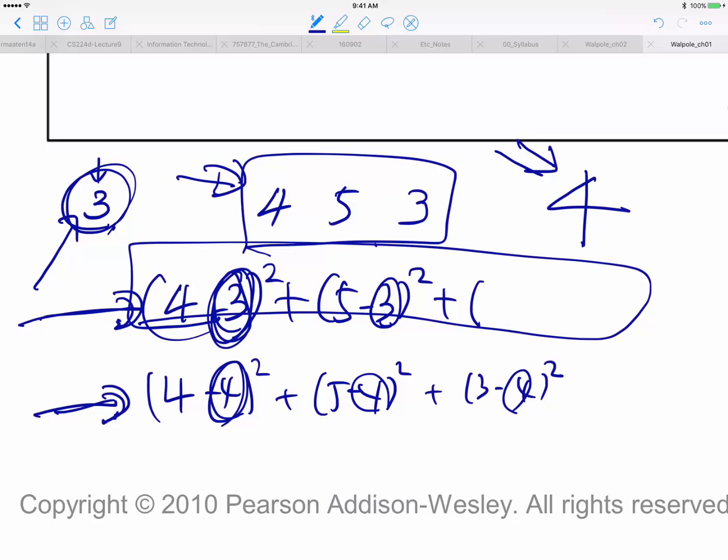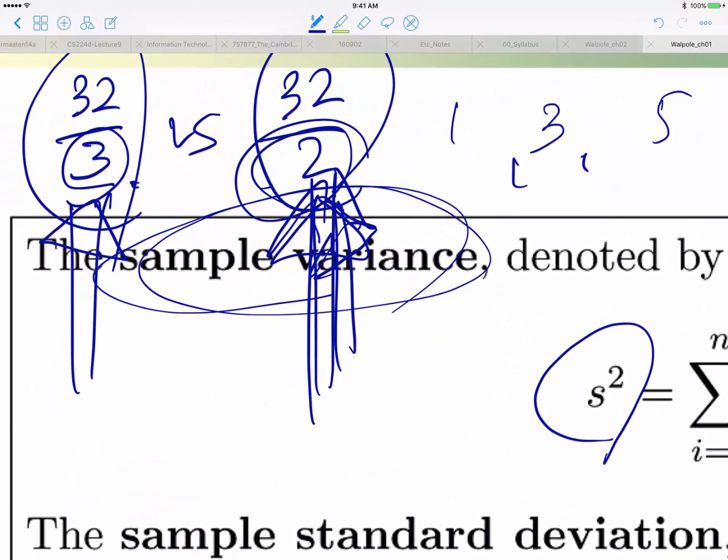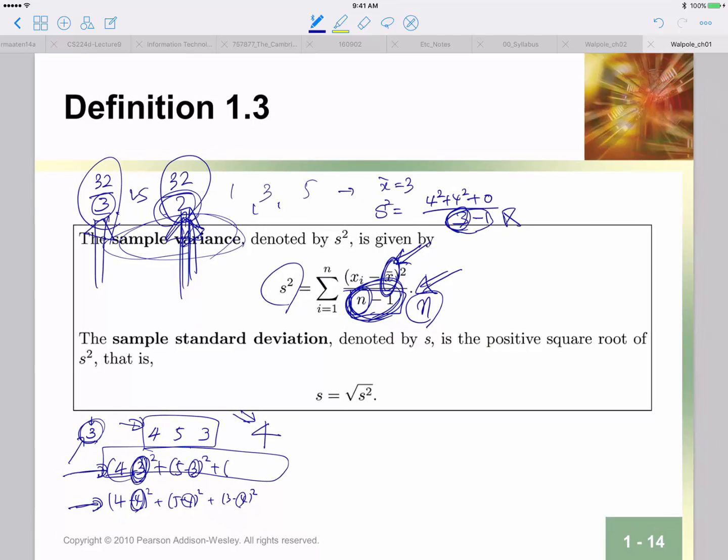Since it gives a smaller value, instead of dividing by n, we have to divide by n minus 1. You might still ask why not n minus 2 or n minus 3, and so on. It's related to something called degrees of freedom, which I don't explain clearly yet, but we will learn more about it later in this course.